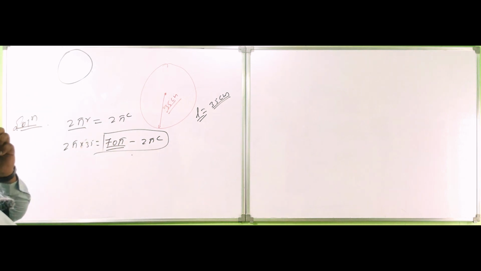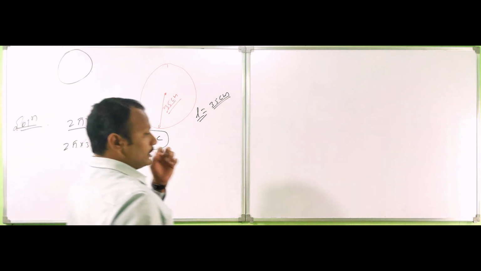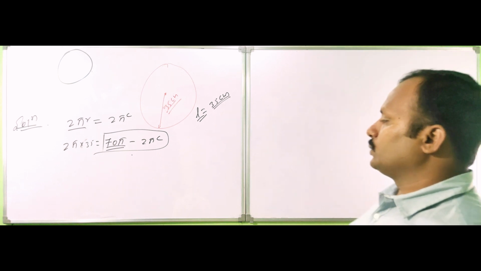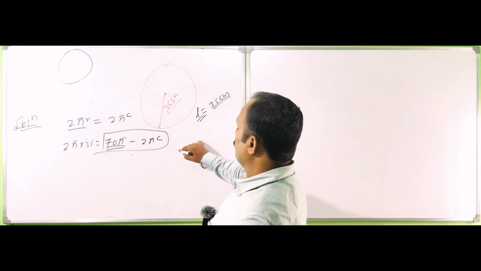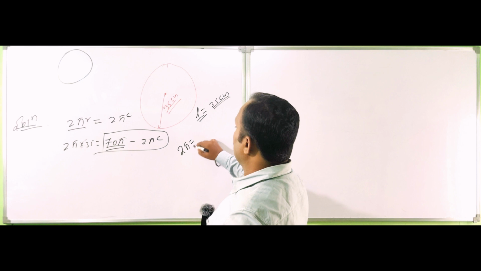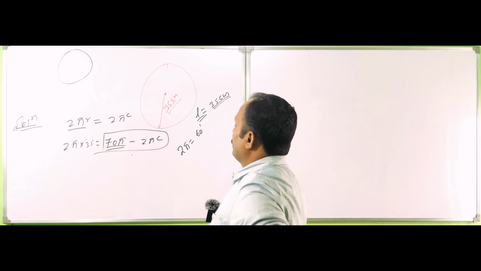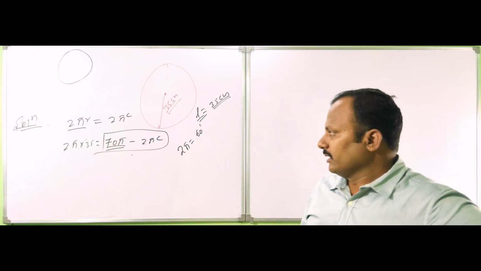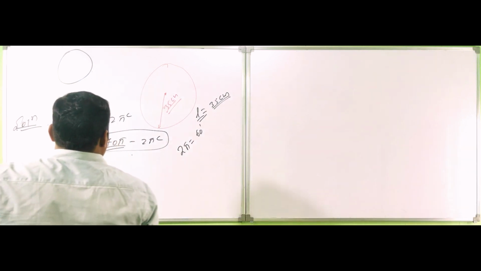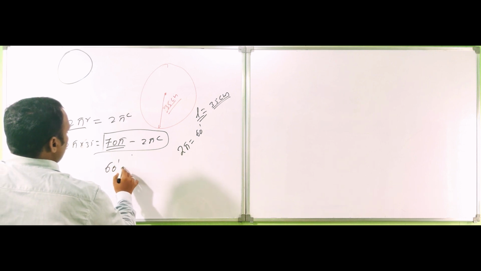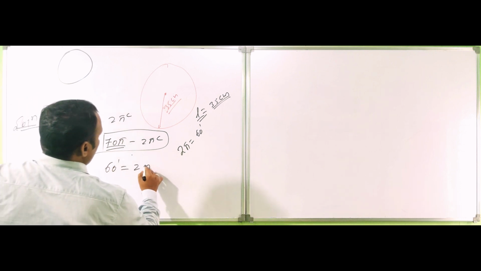The next concept is here. In 1 hour, for 2 pi radians, it takes 60 minutes. Listen carefully. For 60 minutes, it takes 2 pi radians.